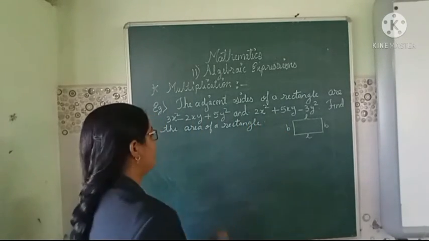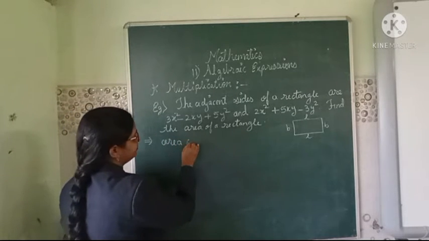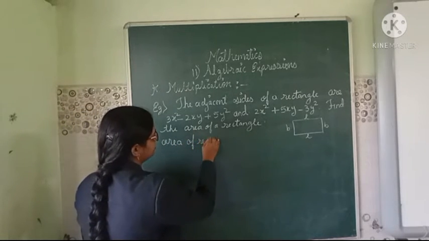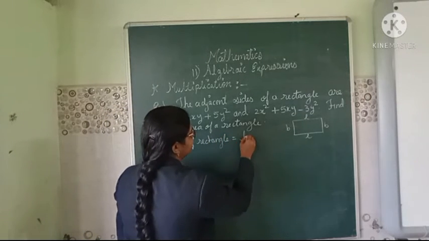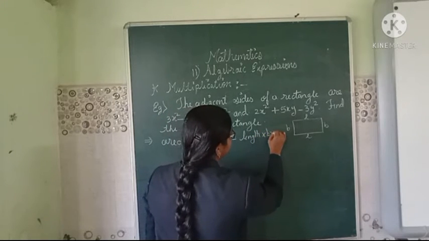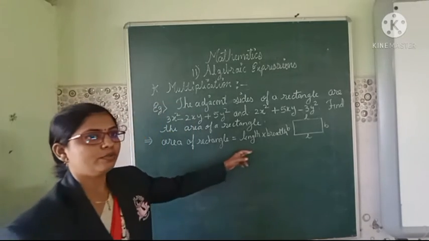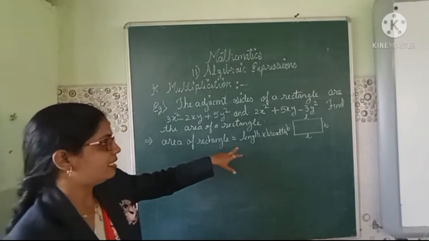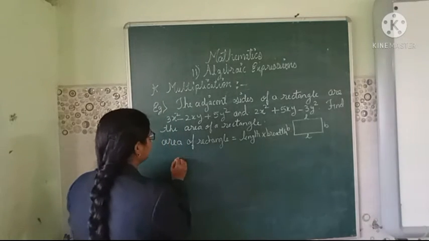So we know the formula for the area of a rectangle equals length into breadth. Right? So if we are doing length into breadth, that means it is the area of a rectangle. So what is the length?